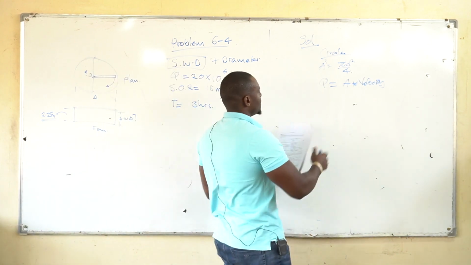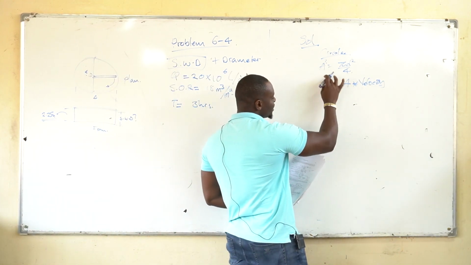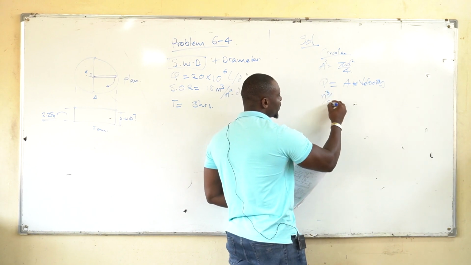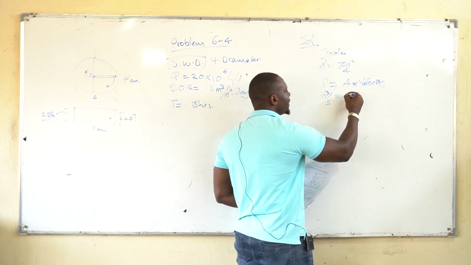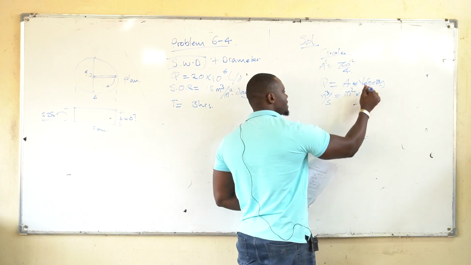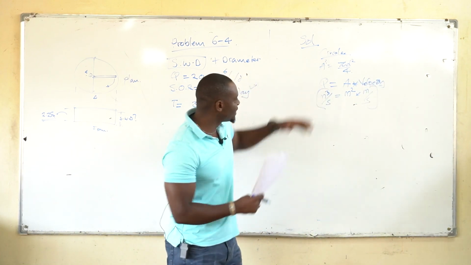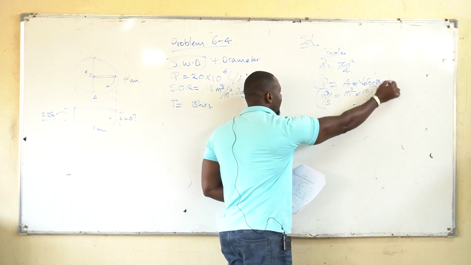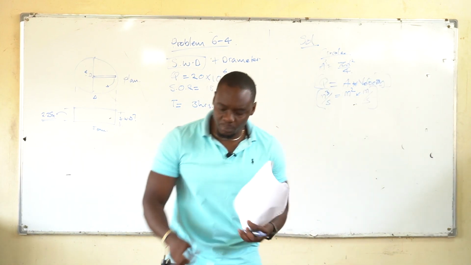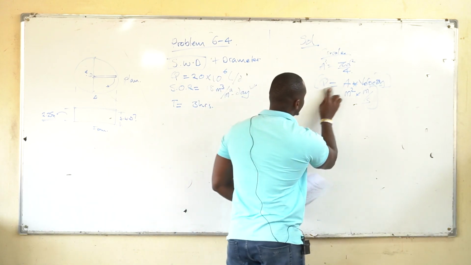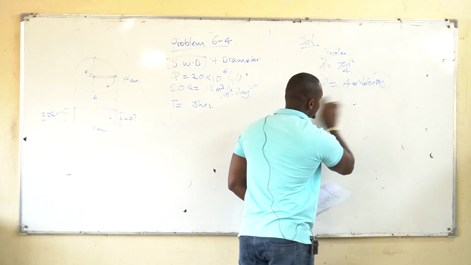You can never go wrong about this, because what are the units for this? Cubic meter per what? This should be equal to area times velocity. So this formula is a standard thing. As an engineer, it's not even supposed to alarm you.